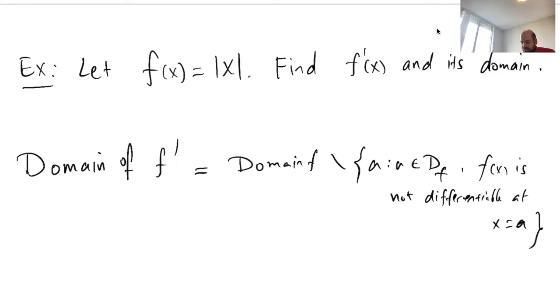Okay, so of course, if the function is not differentiable at a point, we have to exclude that point from the domain of f prime.